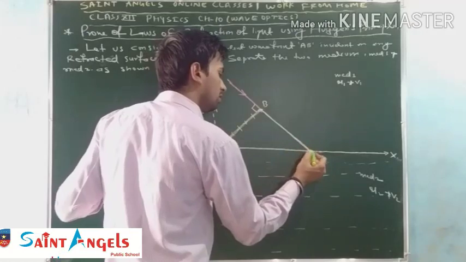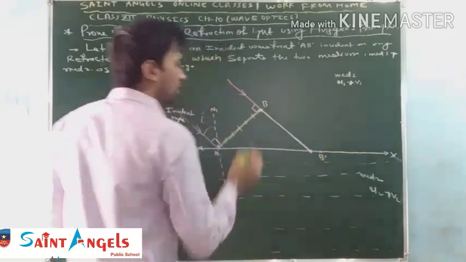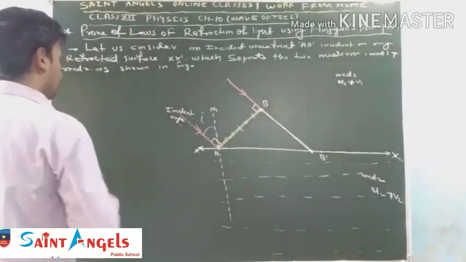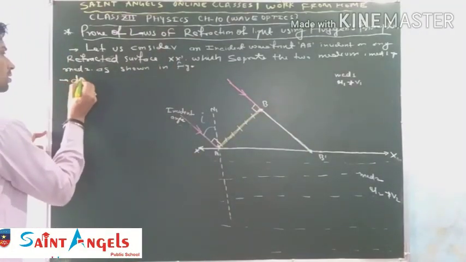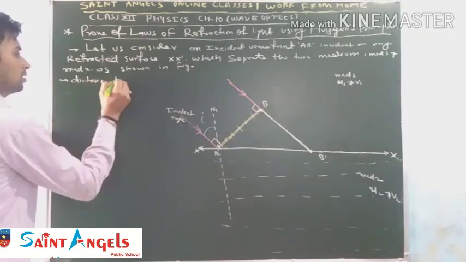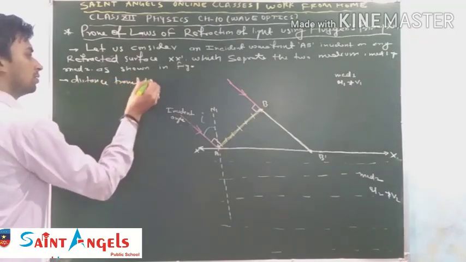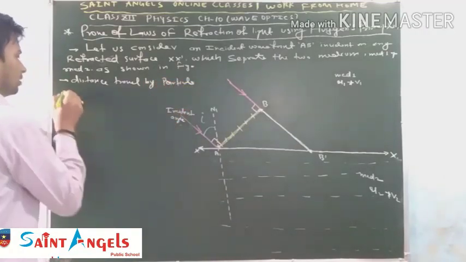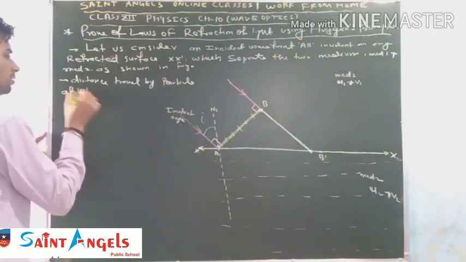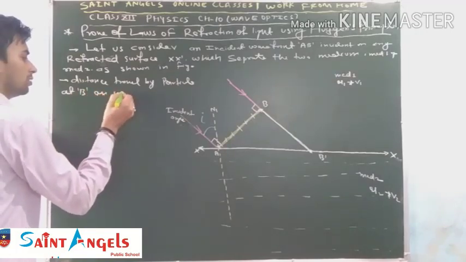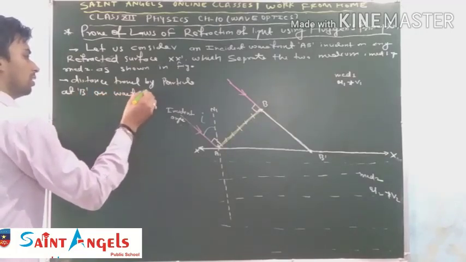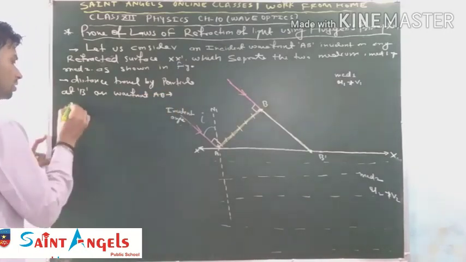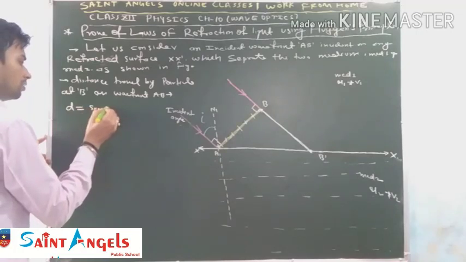The distance traveled by the particle at B on wavefront AB: we know that distance equals speed into time.